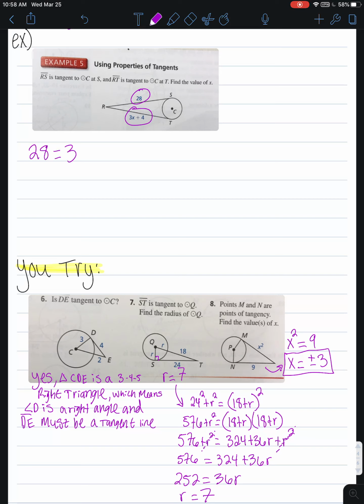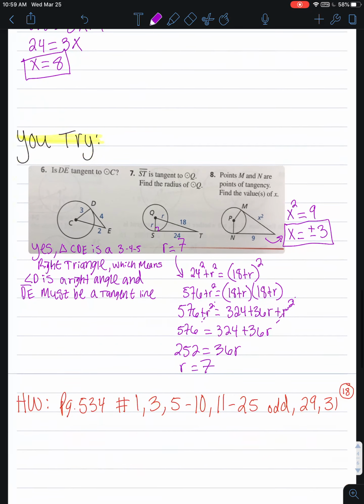So we can set them equal to one another. 28 should be equal to 3x plus 4. And now that's just simple algebra. We subtract 4, we get 24 is equal to 3x. And x must be equal to 8. So that would be our answer right there.